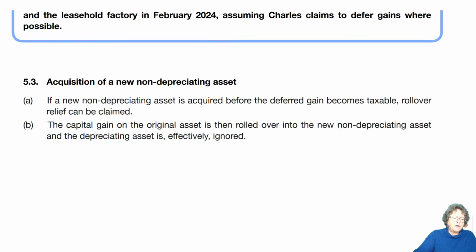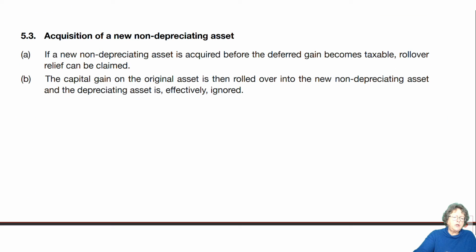So section 5.3, acquisition of a new non-depreciating asset. If a new non-depreciating asset is acquired before the deferred gain becomes taxable under holdover, then rollover relief can be claimed. And the capital gain on the original asset is then rolled over into the non-depreciating asset, and the depreciating asset is therefore effectively ignored.